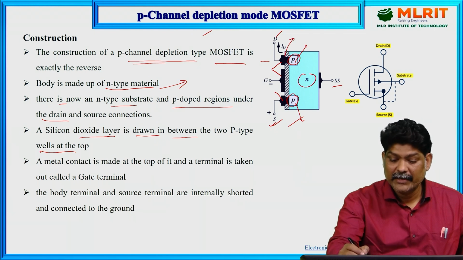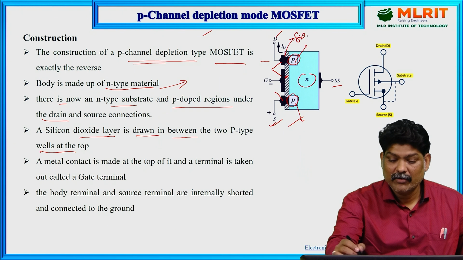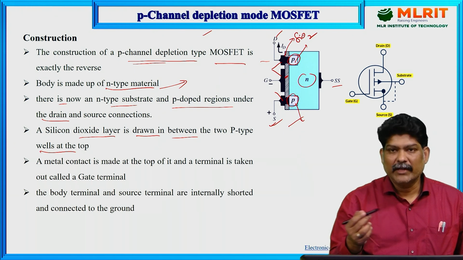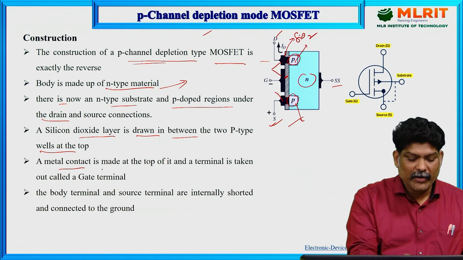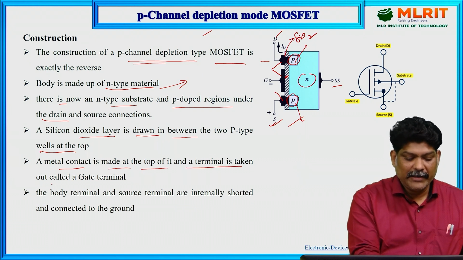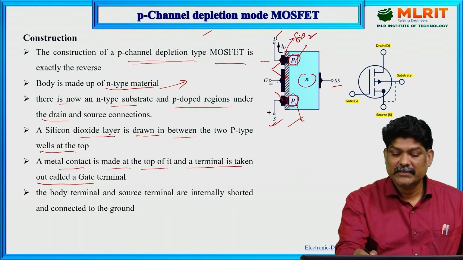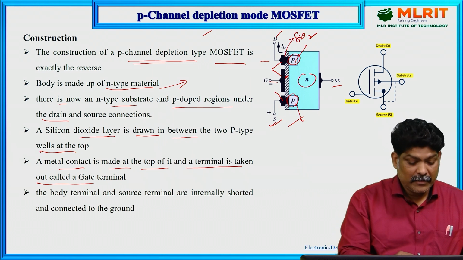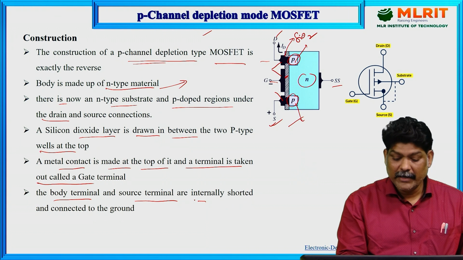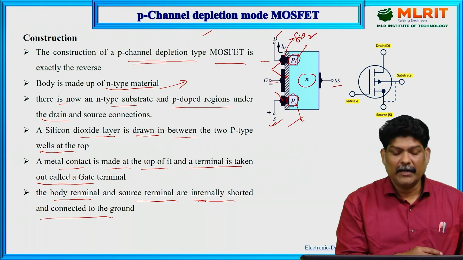This layer is SiO2, a silicon dioxide layer, and it acts as an insulator. A metal contact is made at the top of it, and the terminal is taken as the gate terminal. So this is the gate terminal. The body terminal and source terminal are internally shorted and connected to the ground.